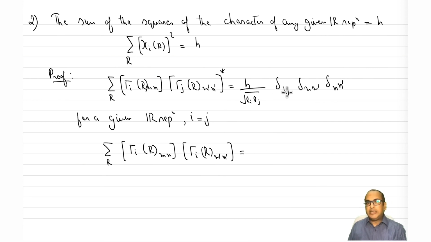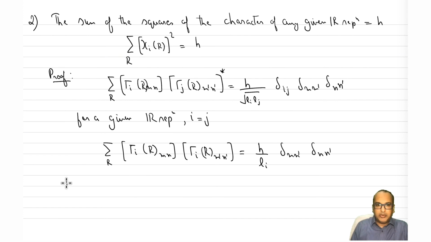So the delta ij term is gone because that will be equal to 1, and li and lj will become li square, so the square root will cancel, so you will have h over li, delta mm', delta nn'. Okay, now because we are interested in the trace, we have to consider only the diagonal elements. So for diagonal elements, what will be the condition?